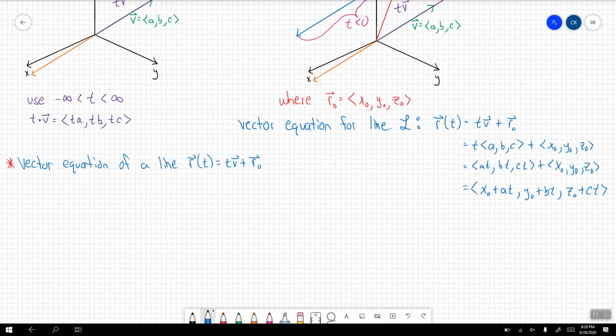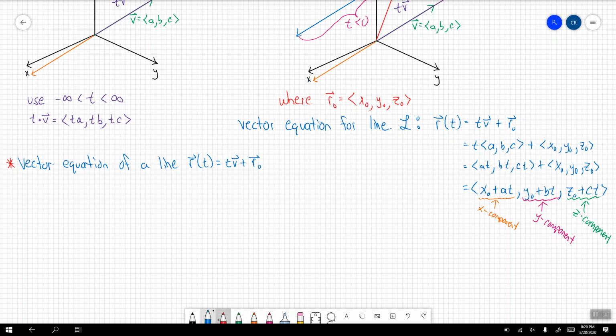What this tells me is that my first component on screen here is the x component. Great. What's the next component? Well, the next component is my y component. And finally, I have my last component, which is my z component.